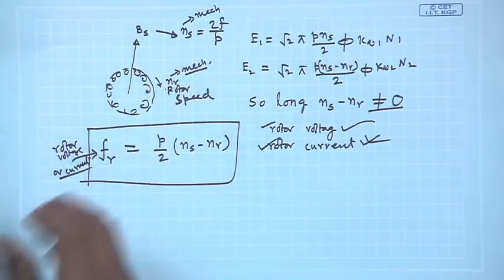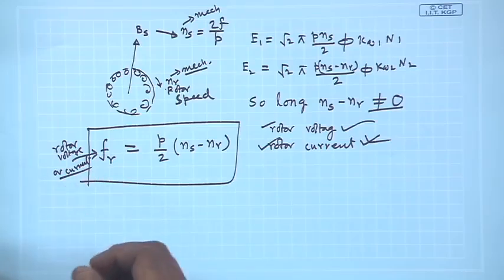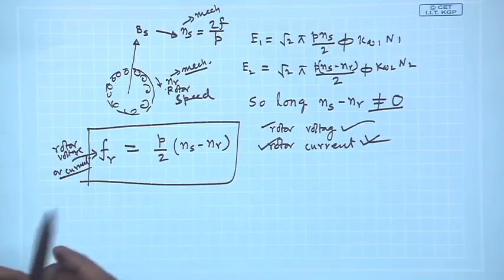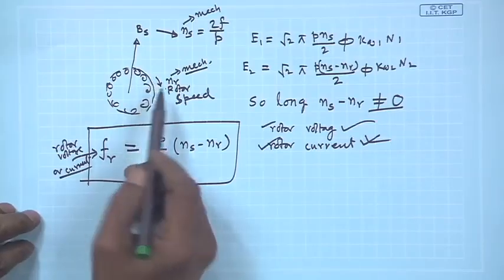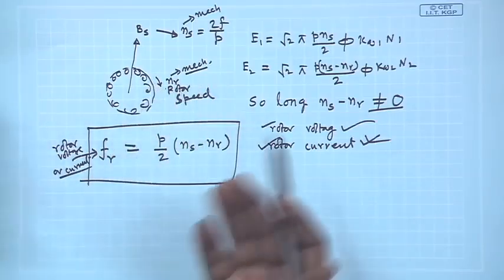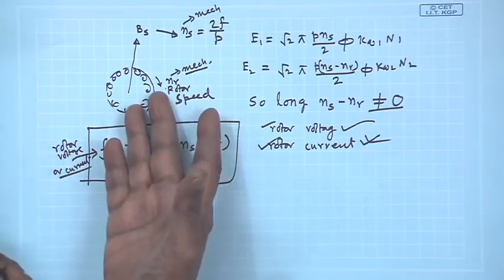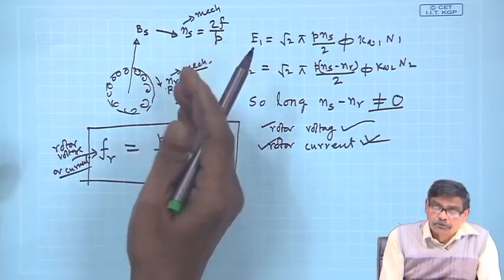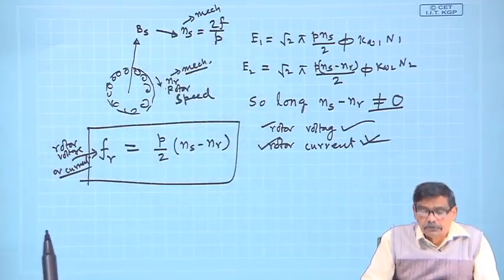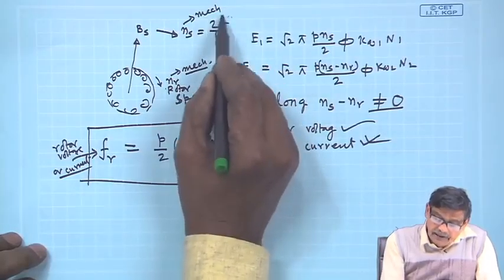Then I am telling that okay, that t equal to 0 plus is now over, time has elapsed quite a bit, so that the rotor has started rotating in the same direction at some speed nr, could be 2 rpm, 5 rpm, whatever it is. Suppose at some time the rotor speed is nr. Stator field speed will of course not change, because it is connected to a supply whose frequency is f.